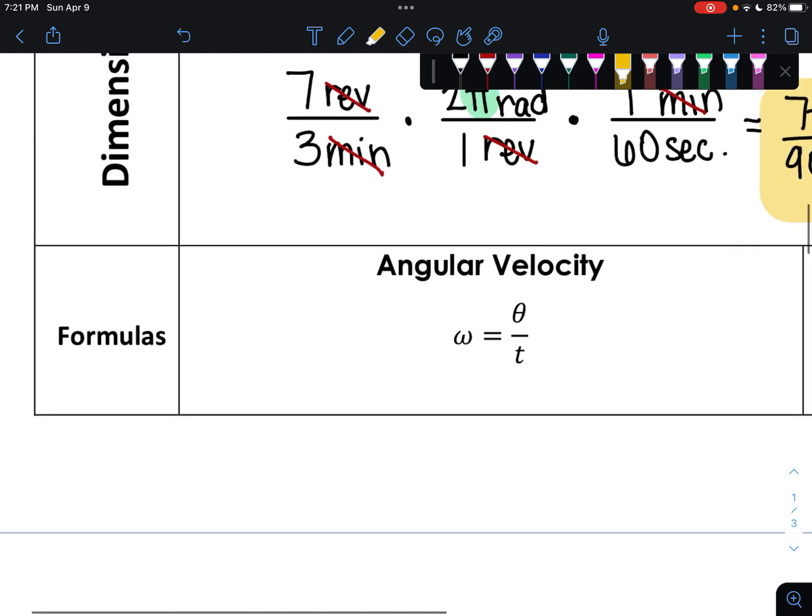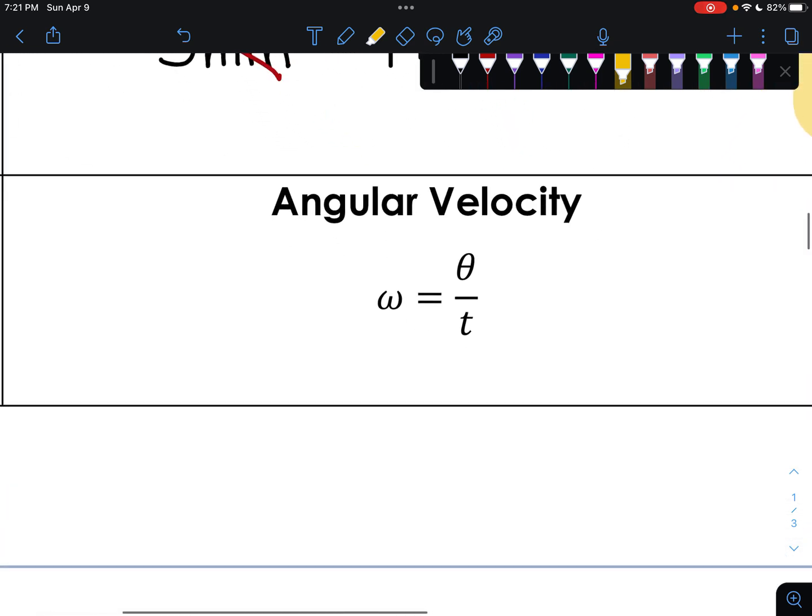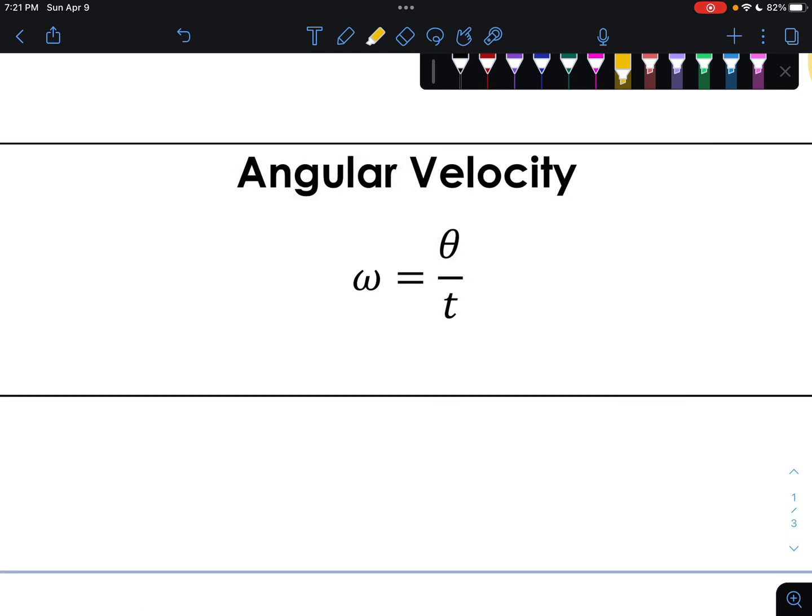So looking at our angular velocity formula right here, we have some new symbols that we should get used to. This first symbol looks just like a W, but this is the lowercase omega symbol. And then we have theta, and theta is always going to be our revolutions times 2 pi.